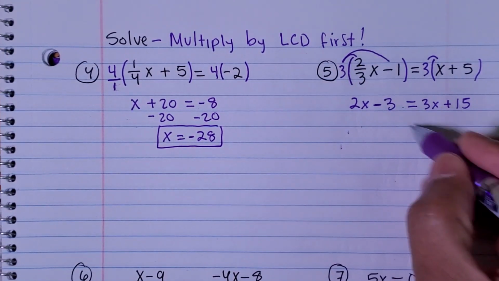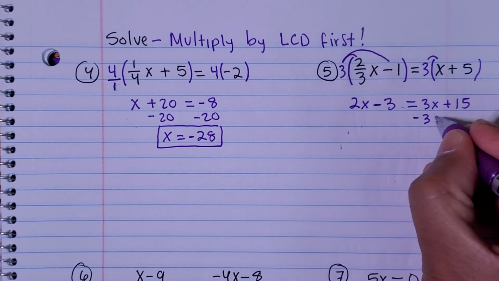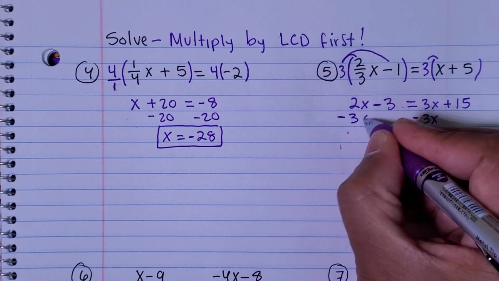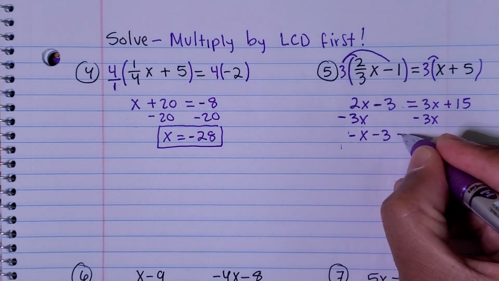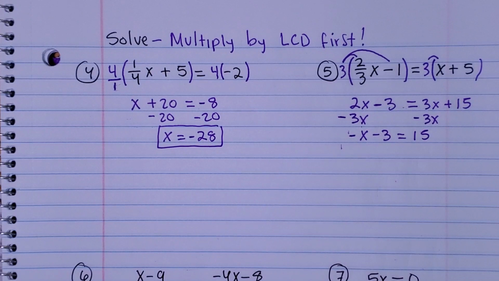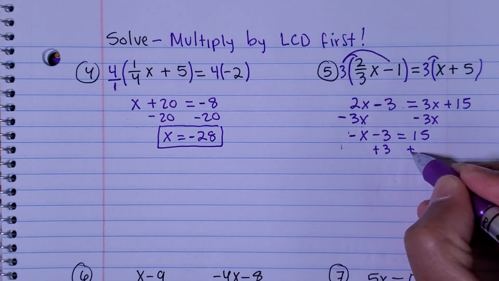So once I have this already in just whole numbers, I'm going to subtract the 3x's from both sides of the equation. So then I have negative x minus 3 equals 15. Now I'm going to add that 3.